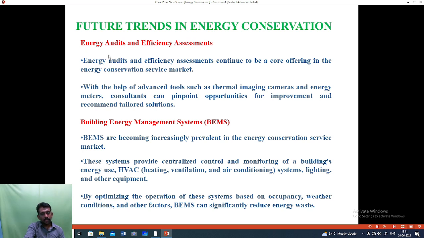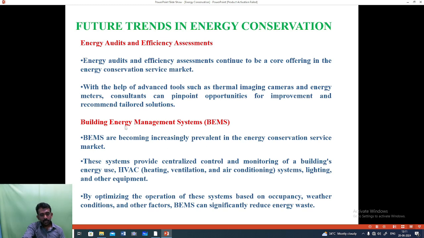Energy audit offers a conservation service market, to assess how much energy is consumed by a particular company, association, home or system, and assess its efficiency. This efficiency we can quantify, and we can make appropriate decisions for improvement, so we can produce a tailored solution and give a suggestion for a particular concern.